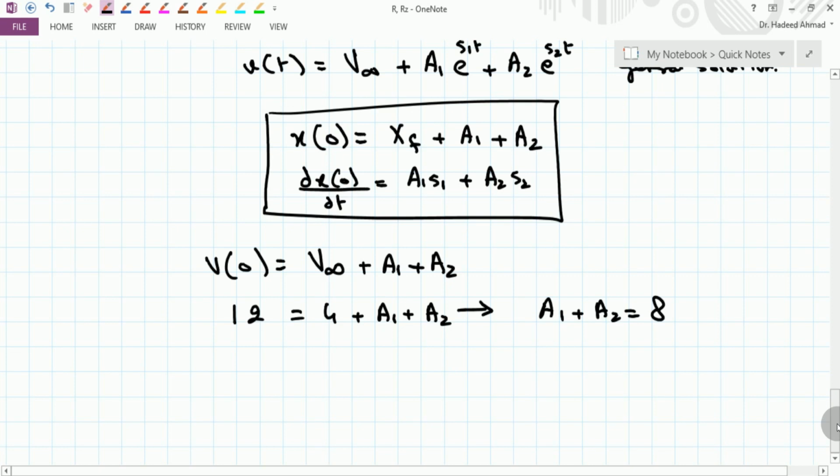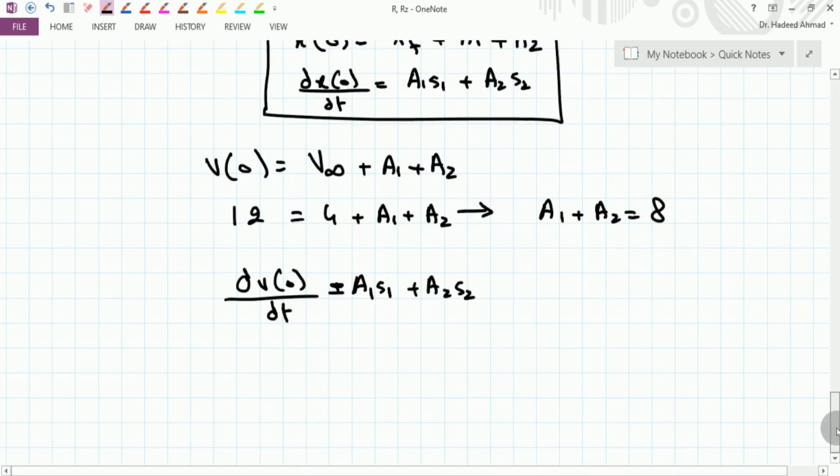Now I will go for the second equation, which is dv naught over dt, that is equal to A1 S1 plus A2 S2.